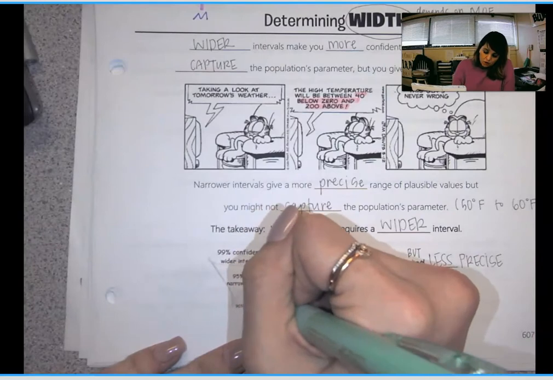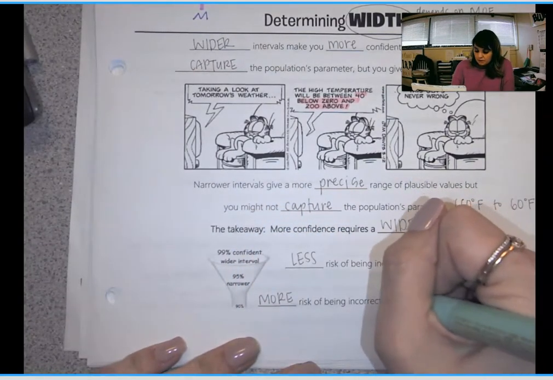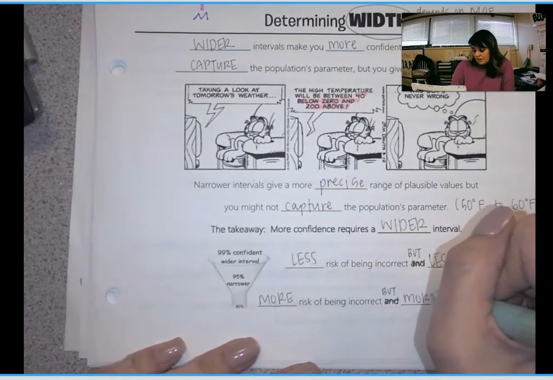This bottom one is more risk of being incorrect, but it's more precise.